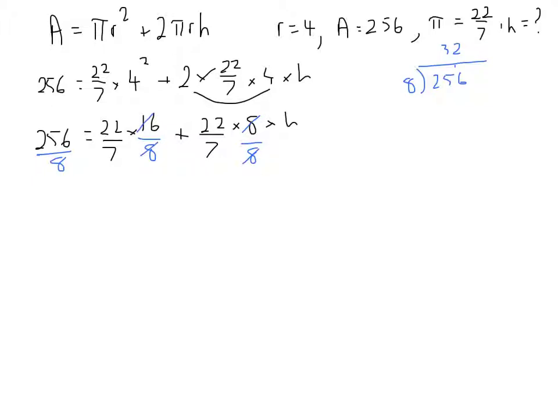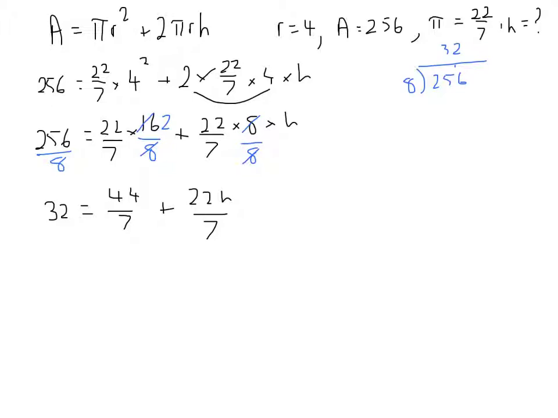That will cancel that down and leave us with 2. And 8 goes into 256 32 times. So 32 equals 22 times 2 is 44 over 7 plus 22h over 7. Okay.